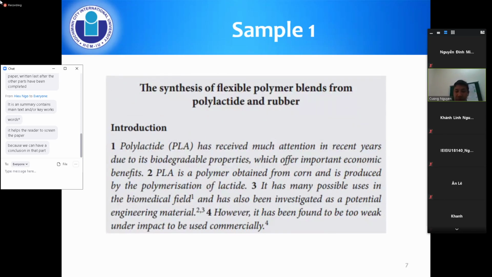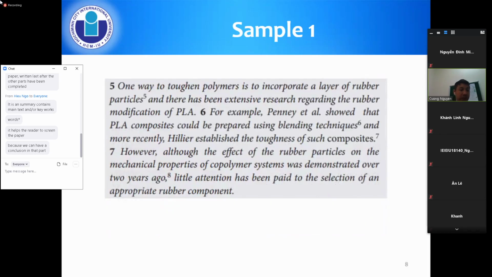Okay, so now one solution, one way to toughen polymers is to incorporate a layer of rubber particles. Incorporate means include, put in, include something. And there has been extensive research regarding the rubber modification of PLA.